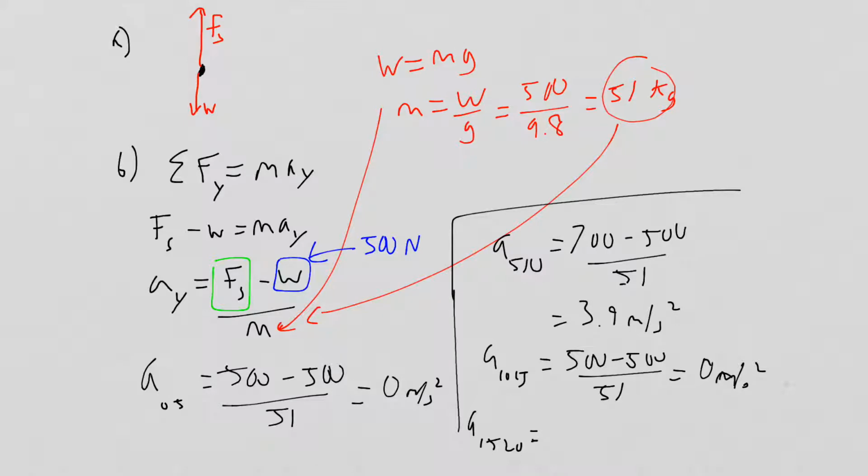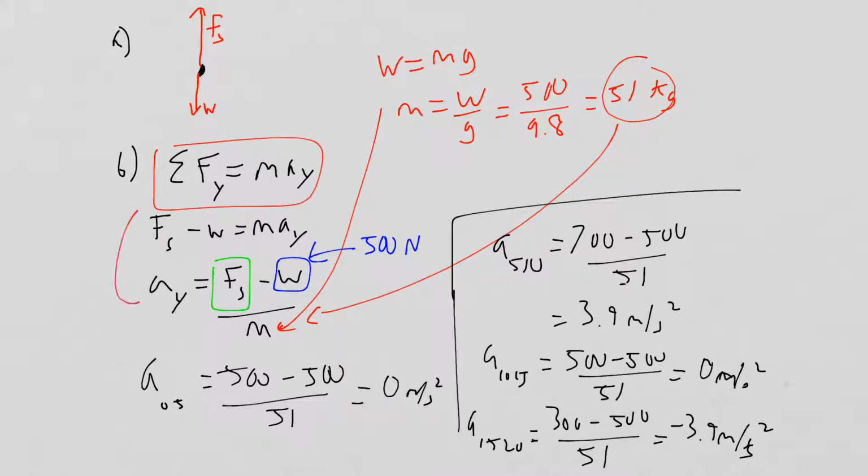From 15 to 20, we have 300 minus 500 over 51, which is going to be negative 3.9 meters per second squared. So once you get to that result, you've really solved it. The rest is just reading graphs and numbers correctly. You should have 0, 3.9, 0, and then negative 3.9 for the 4 time intervals.